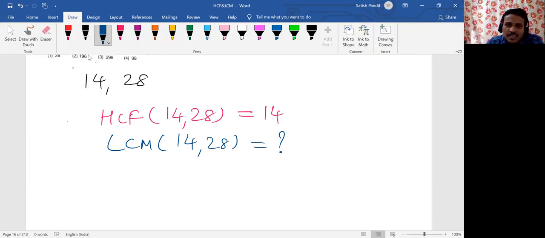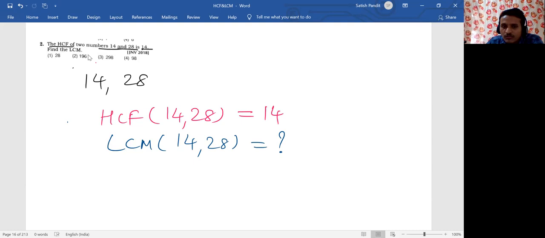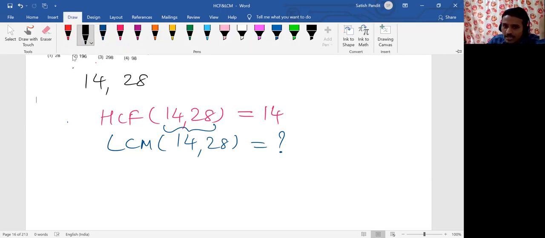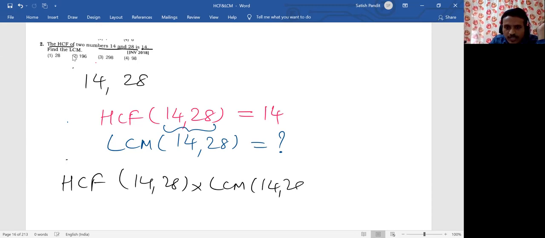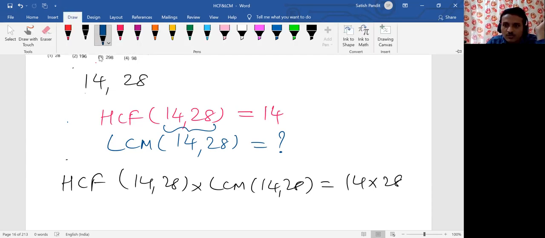One way is that we can find the prime factors of these and multiply the highest power of each of the prime factors. You can do it that way. But since we have a formula, why would you go that way? HCF of 14, 28 into LCM of 14, 28 is equal to 14 into 28. HCF of two numbers into LCM of two numbers is the product of the numbers.